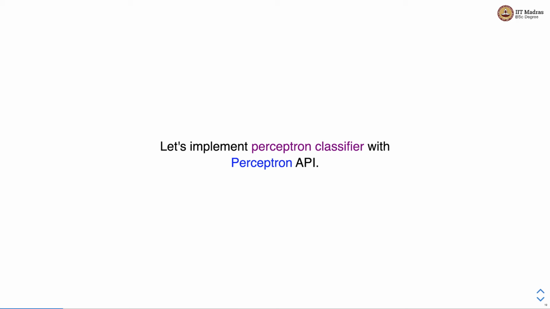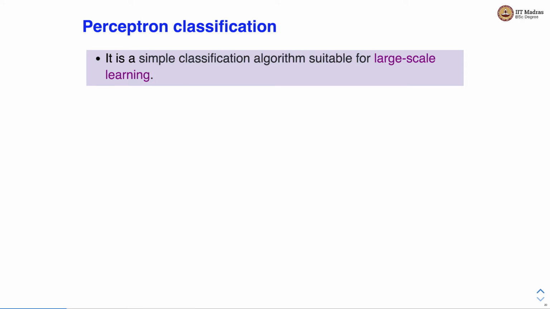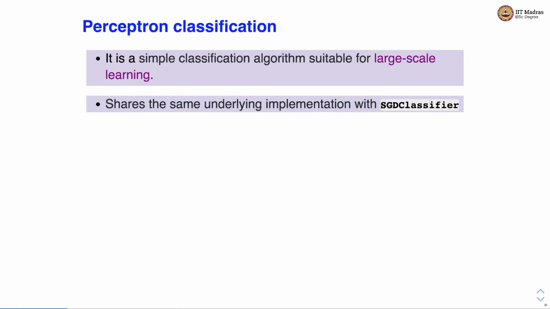Now let's implement a Perceptron classifier with the Perceptron API. Perceptron classification is the simplest classification algorithm that is suitable for large-scale learning. It shares the same underlying implementation with SGDClassifier.